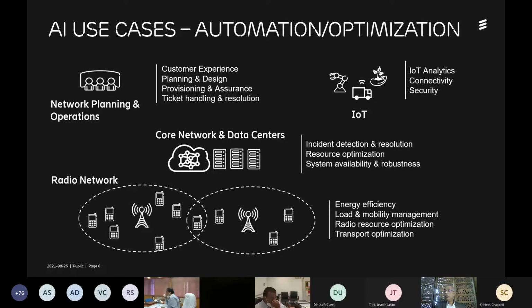Finally, there are new use cases related to IoT, and analytics related to IoT, device and connectivity for some of these machine type communication use cases. Needless to say, with the advent of these use cases, whether it is enhanced mobile broadband or the machine type use cases we are talking about, all pervasive security is super important.